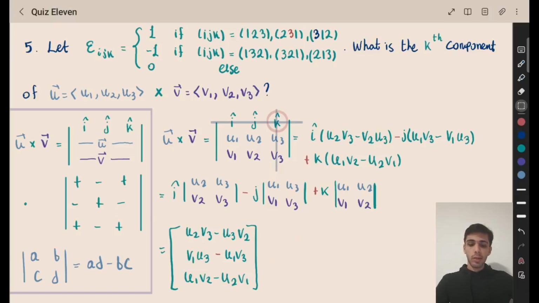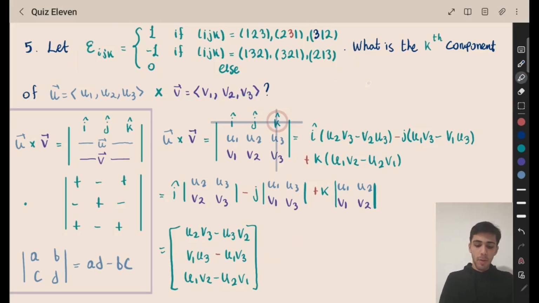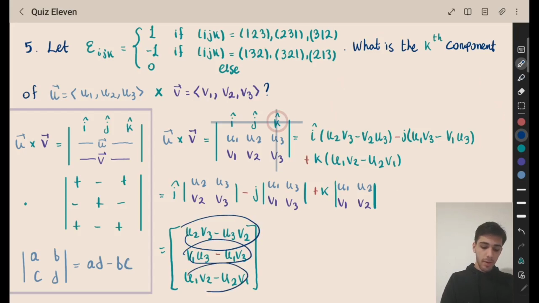And I don't really think we can make any further progress on this problem while ignoring this epsilon. And so I have some ideas. Let me try to link it somehow to the values we have here.